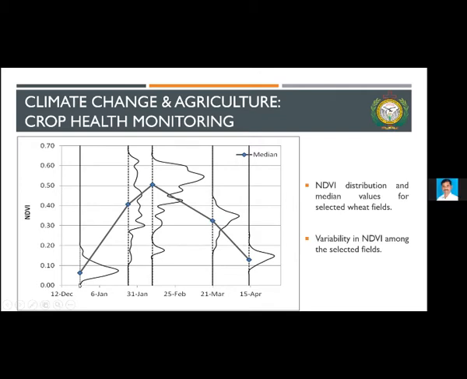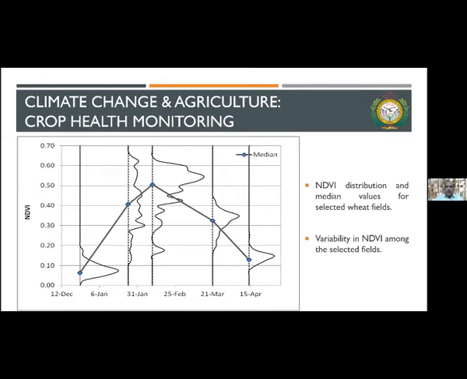So this is in December, and we can see that the maximum NDVI value is 0.2. Okay, so it's varying from 0 to 0.2, and most of the fields are here in this region. Okay, 0.1.